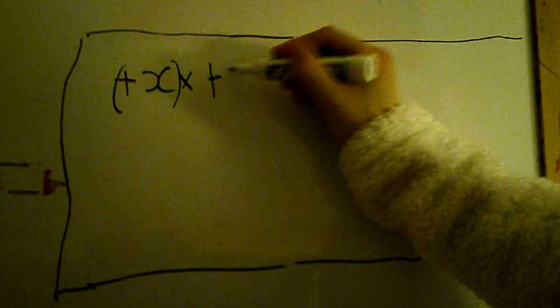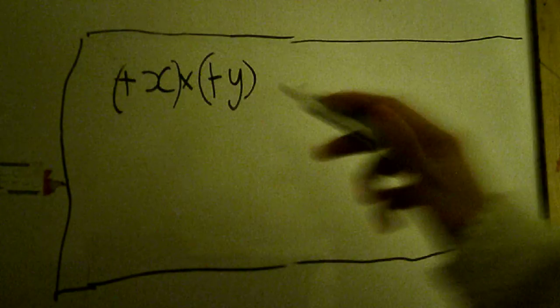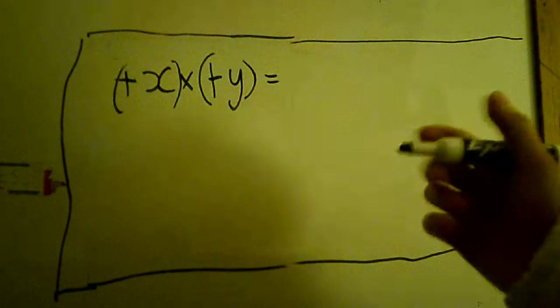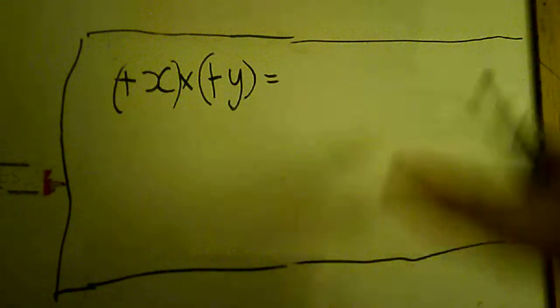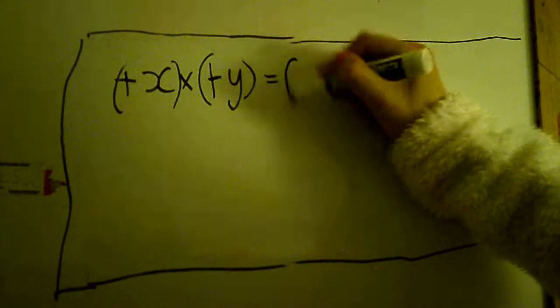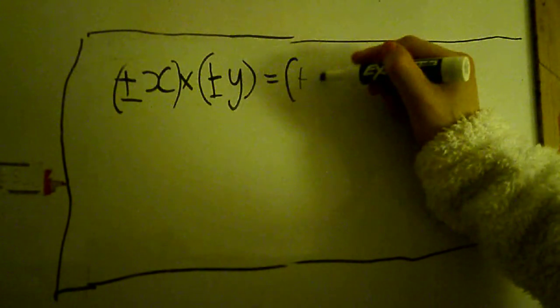I'm going to use y. Positive x times positive y is going to equal, and now for the product, or the produit, I'm going to use p because that makes sense. That means the product, because I'm looking at positive, positive, the product will be positive.